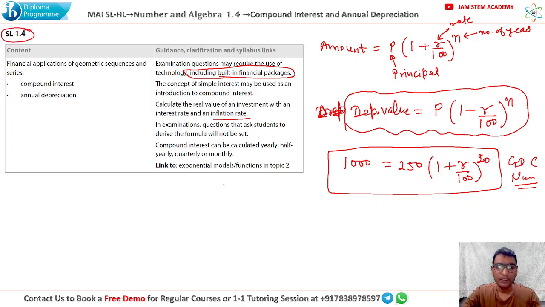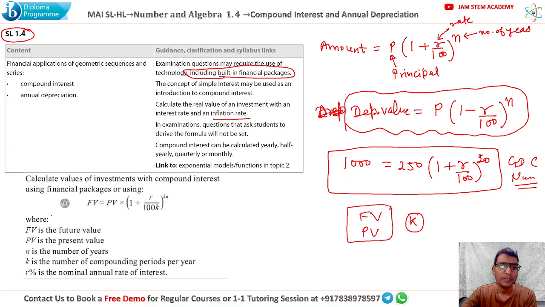Now, the next thing is, what will be the effect if the compounding is not done yearly, if it is half yearly, quarterly or monthly? In that case, we have to make some changes in the expression. Let's say FV is the future value and PV is the present value. R is the rate of interest, and it is compounded K times in a year.